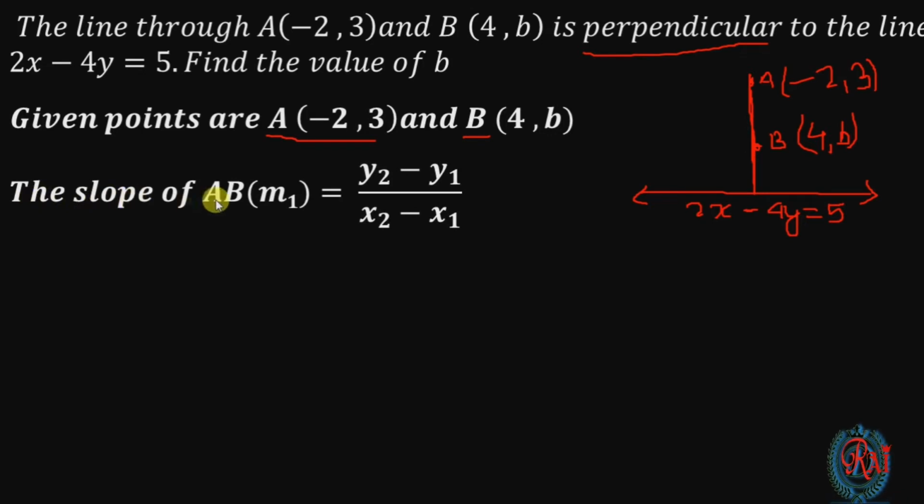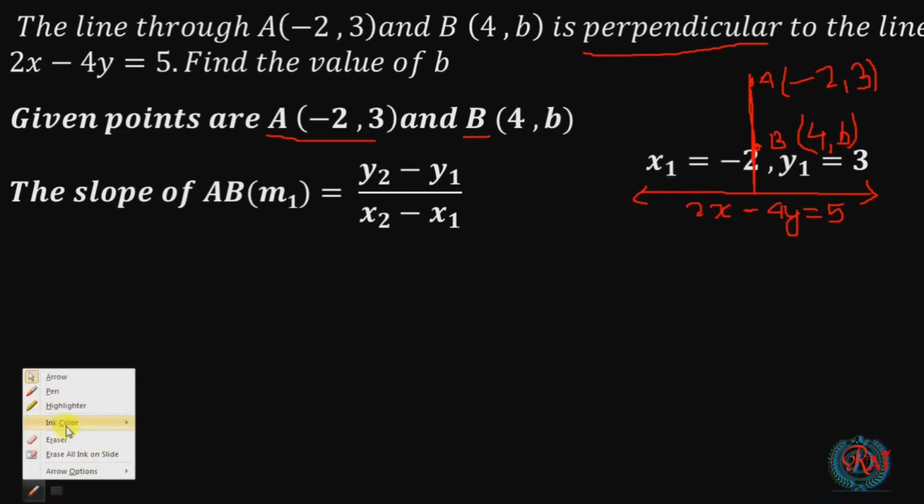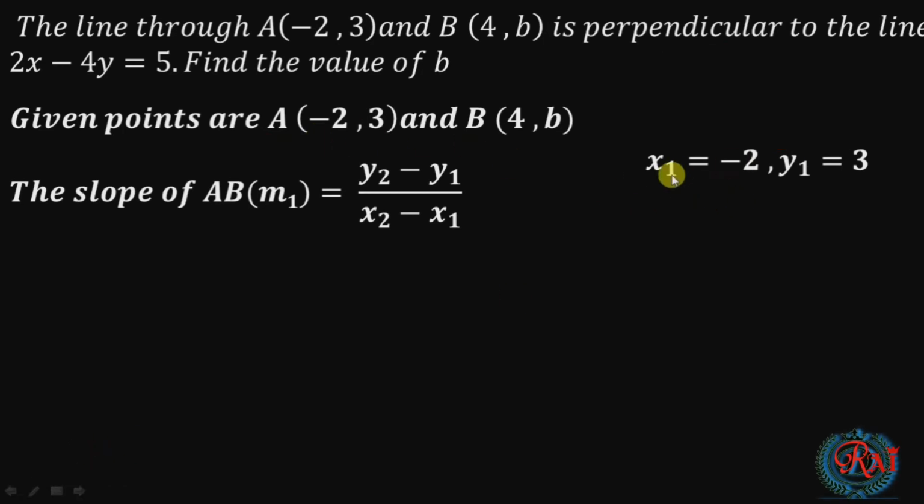So the slope of AB, let's represent it by m1, is equal to (y2 minus y1) divided by (x2 minus x1). From our given condition, x1 is minus 2, y1 is 3, x2 is equal to 4, and y2 is equal to b.